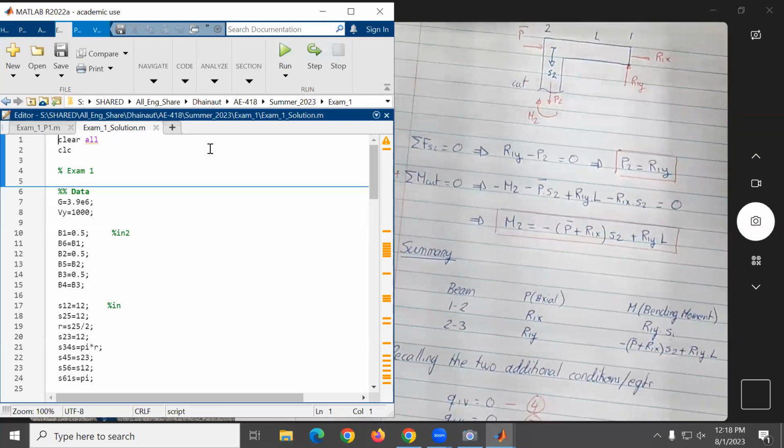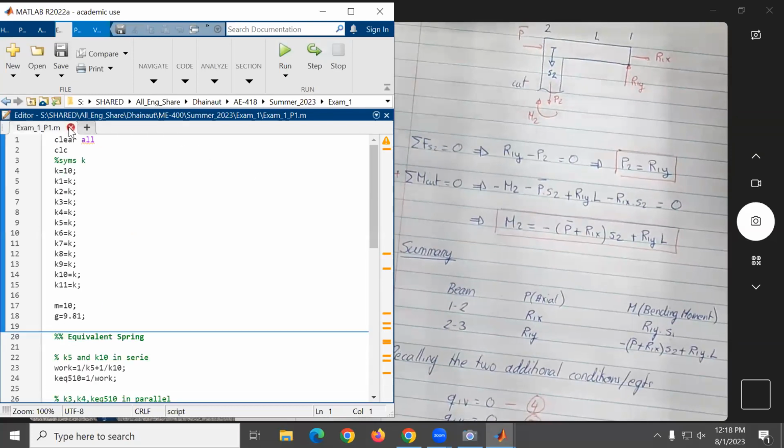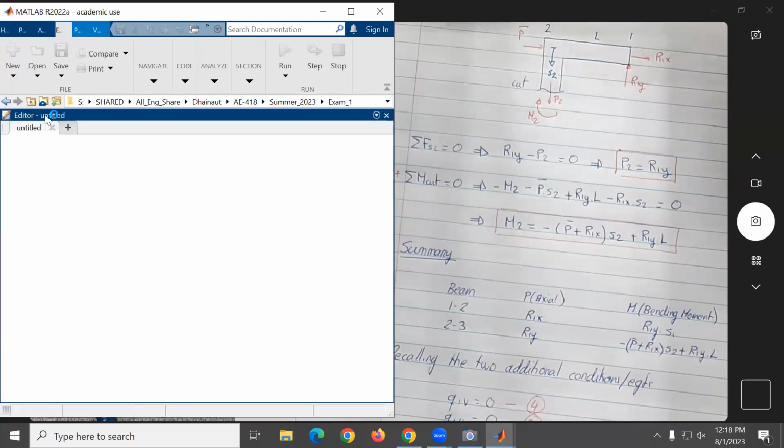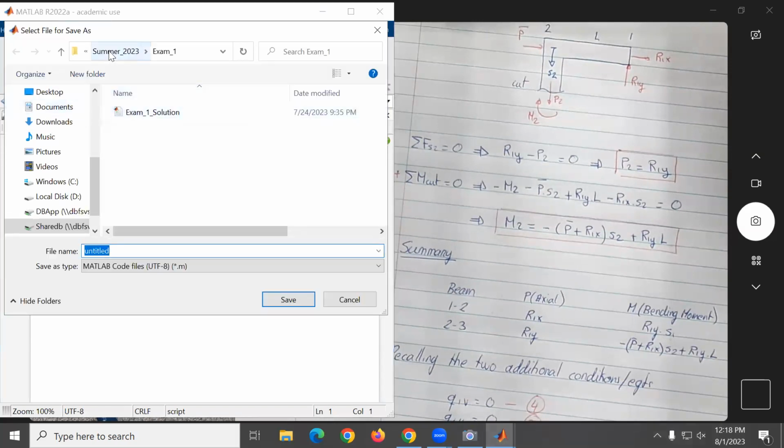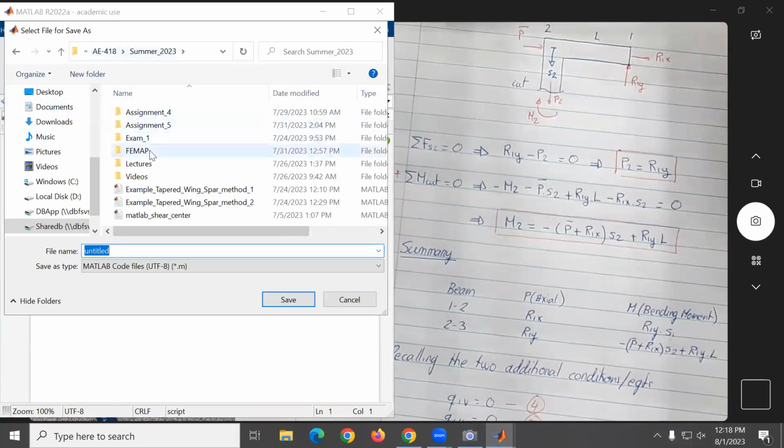All right, let me eliminate all this stuff here. New script. File, save as. I don't know where I need to save it, but summer 2023. Let's say LBM problem. That's it. Save.